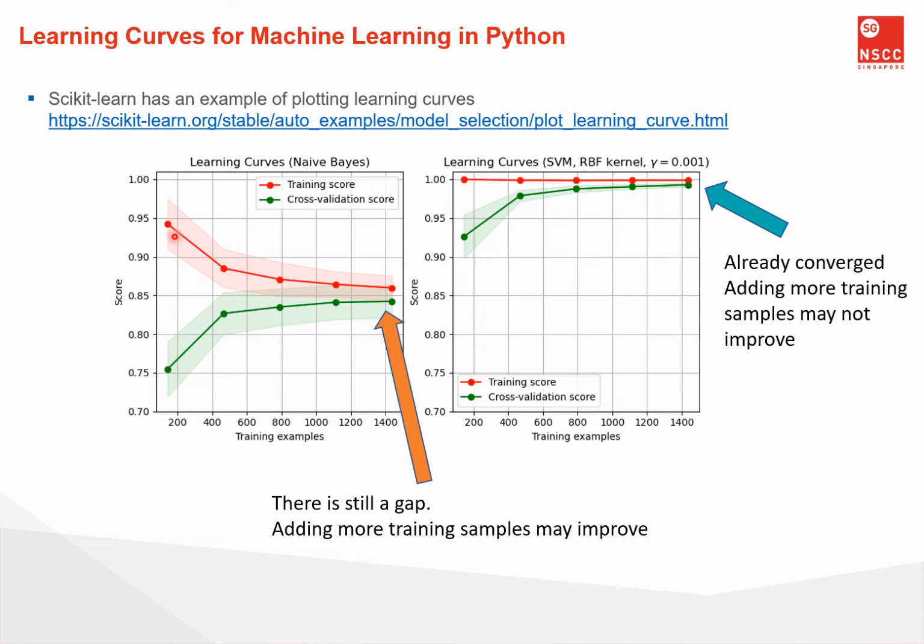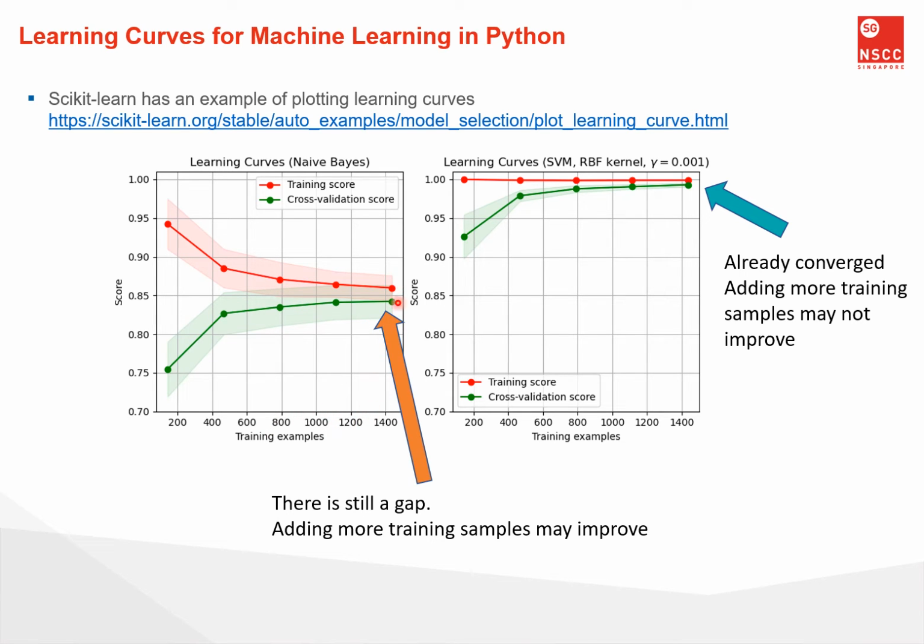So there's not enough training samples for us to generalize, and hence there's overfitting. But as we increase the number of training samples, the generalization improves and the cross-validation score approaches that of the training score. So the amount of overfitting reduces, and it keeps reducing the more data we give it.